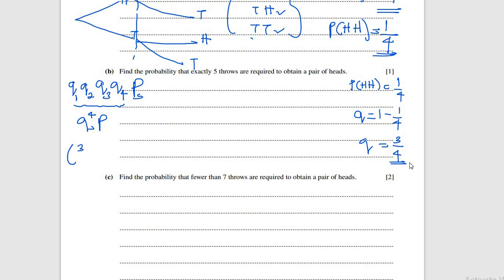So that will be 3/4 raised to the power 4 and pass on the 5th one multiplied by 1/4. Use your calculator. You're going to have 0.0791. That is the answer.